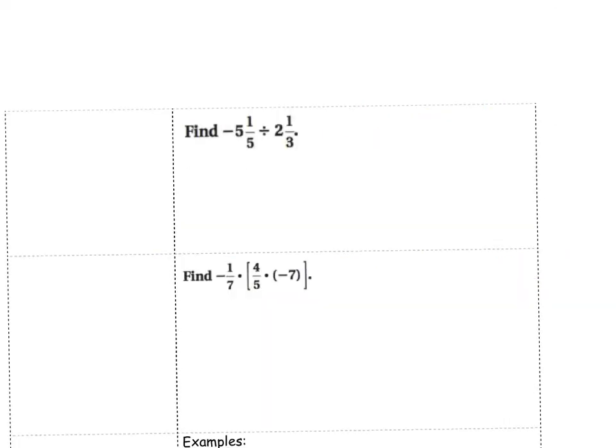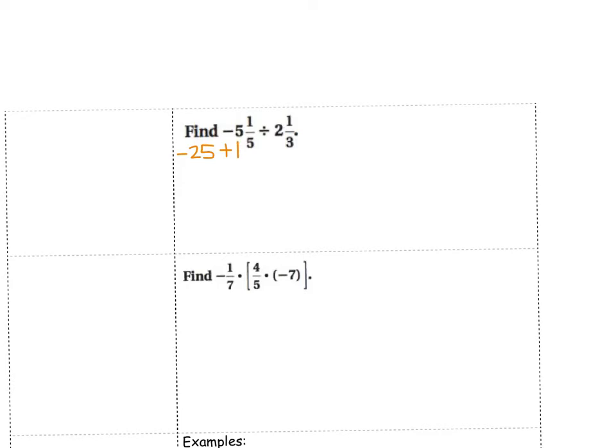Now we're going to move on to something a little more complex, but I believe in you guys. So first we have our mixed number that we need to change to an improper fraction, and we have to do this twice because we have two mixed numbers. So remember our rule for changing mixed numbers to improper fractions. 5 times -5 is -25, and then we just add the 1.